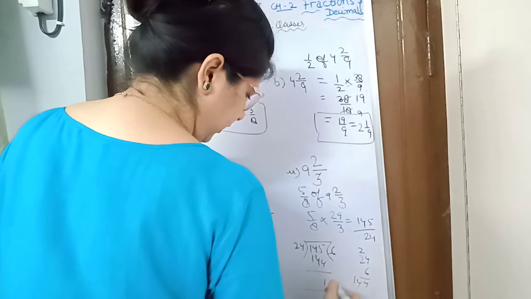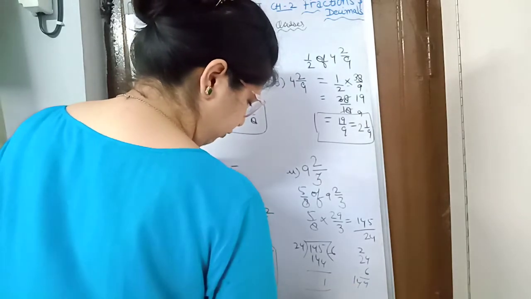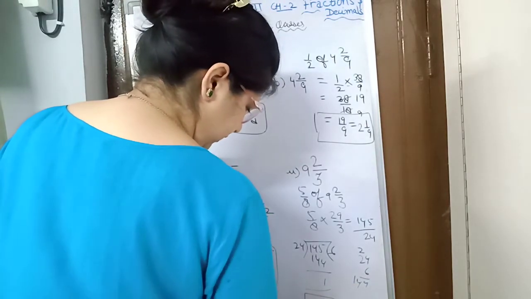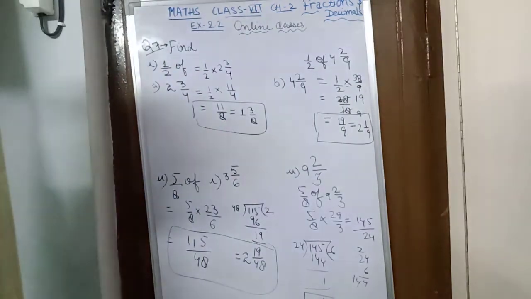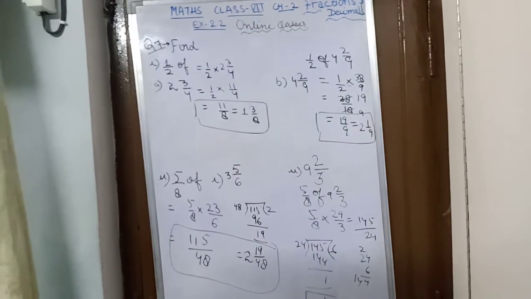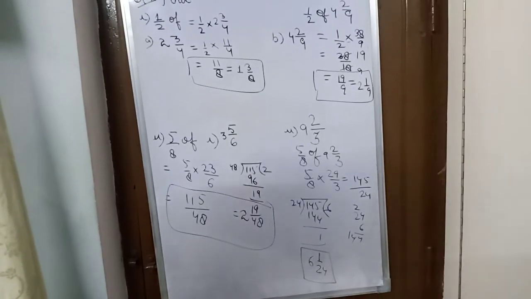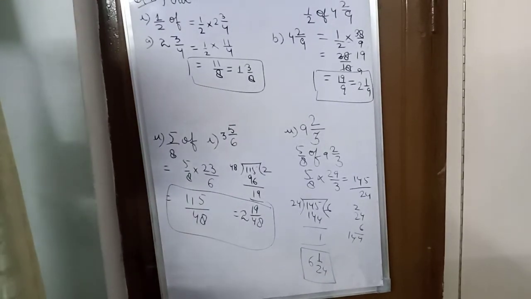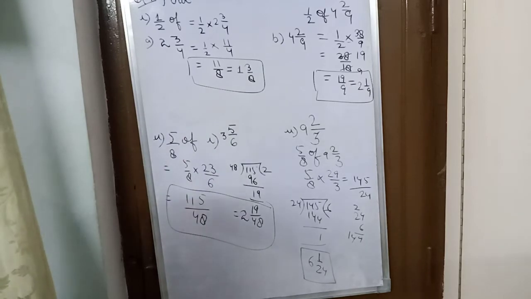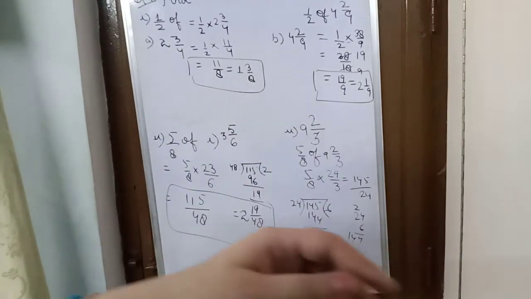So your answer will be 6 1 upon 24. Clear? Is it visible? 6 1 upon 24 is the answer. So note down, this is your question number 7. Now we are going to start question number 8. I hope it is clear to you all.